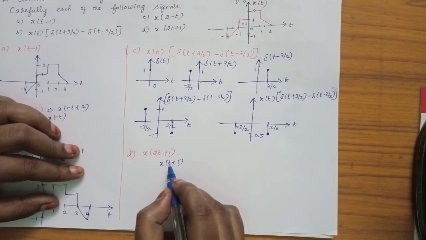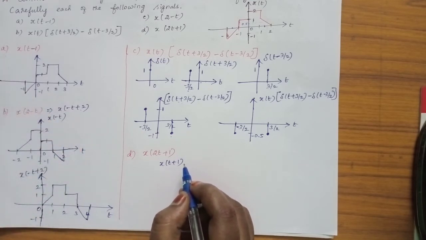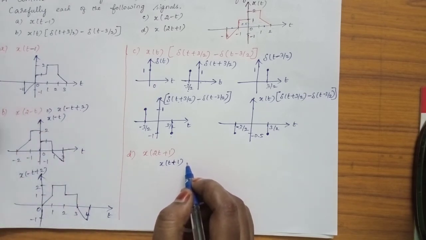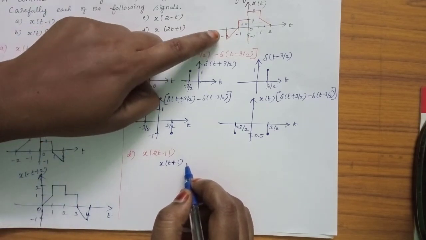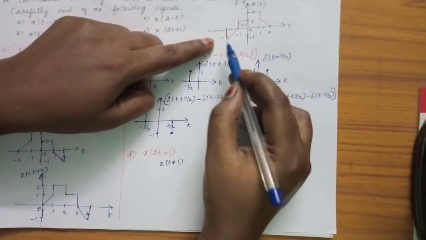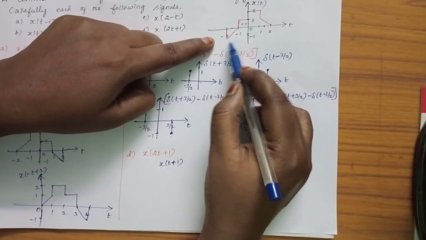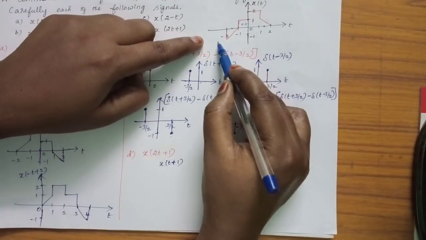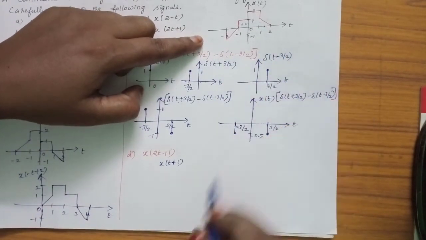Okay, so for the original signal we have to do the reverse operation, that is here plus 1. So we need to subtract 1 from the limits of x of t. So if I subtract 1, minus 2 minus 1 is minus 3 and 2 minus 1 is 1. Then the new limits will be minus 3 to plus 1. Okay.